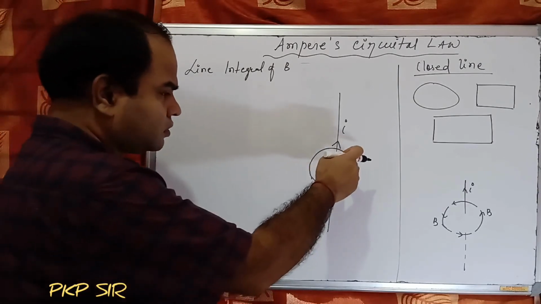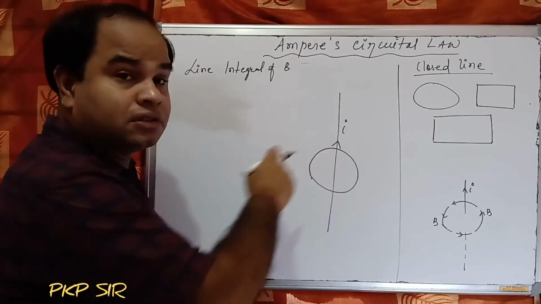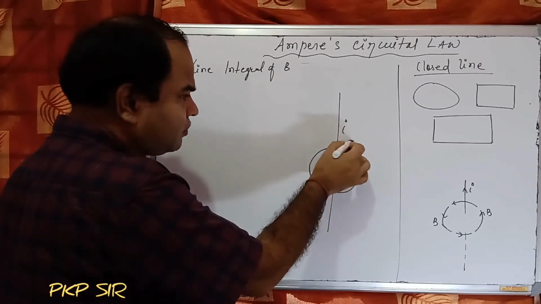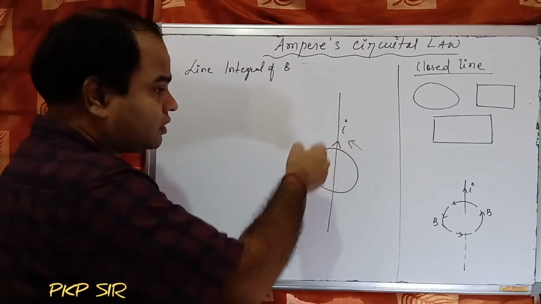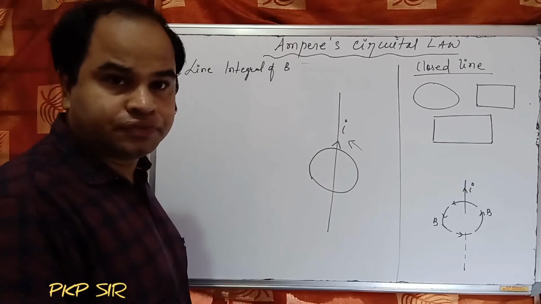So the closed path is circular. The magnetic field is also circular, in anti-clockwise direction.